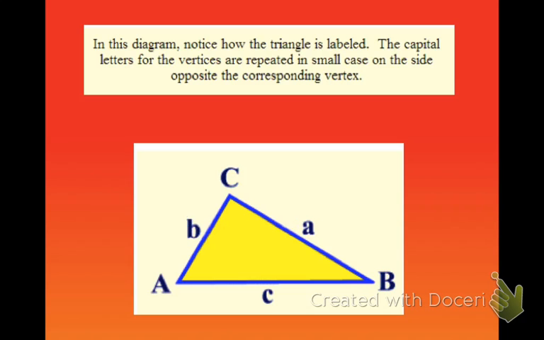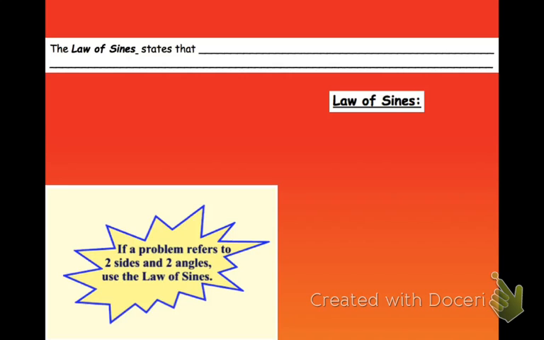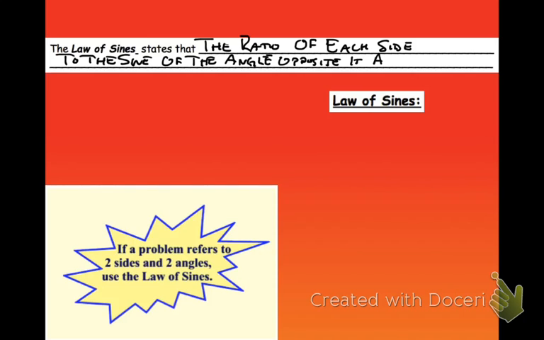Well, the law of sines states that the ratio of each side to the sine of the angle opposite are equal.